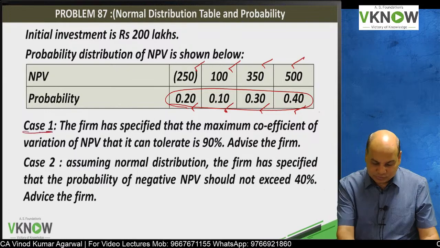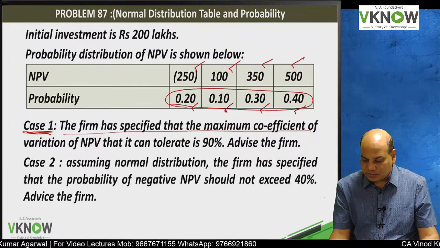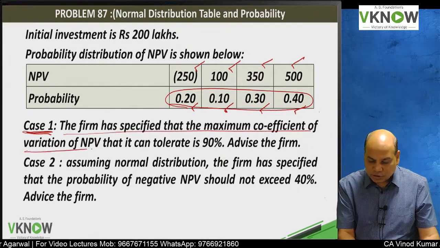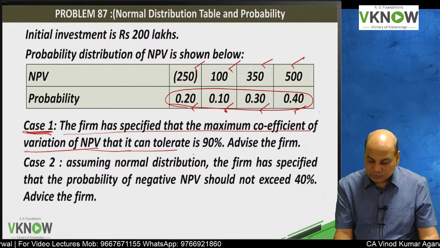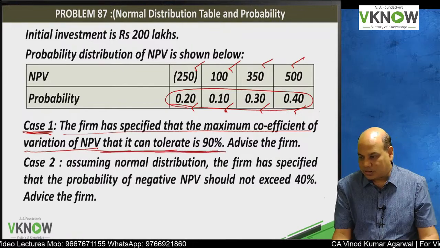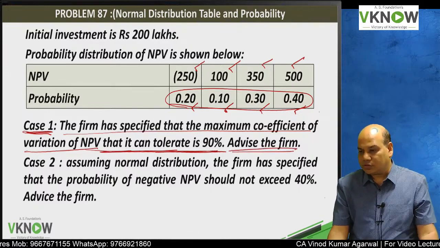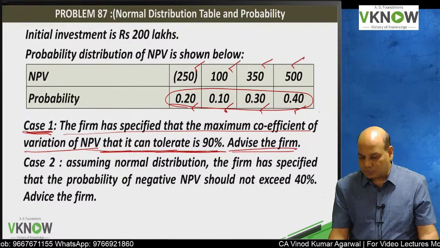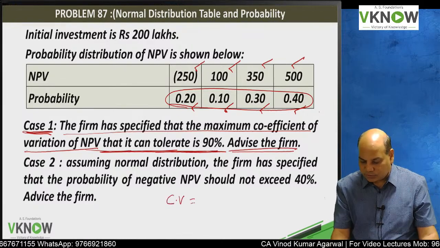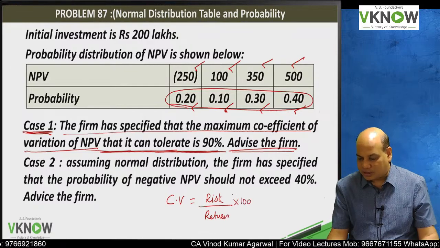Case 1, the firm has specified that maximum coefficient of variation of NPV that it can tolerate is 90%. Advise the firm. First question is simply you have to find coefficient of variation, risk per unit of return, and if it is percentage, multiply by 100.